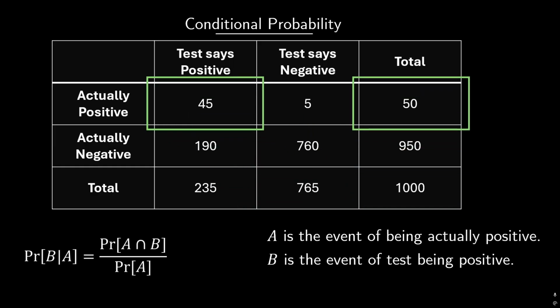Okay, but perhaps the more interesting quantity again is this one, right? So for example, if A is the event of actually being positive and B is the event of the test being positive, think of this as basically us asking, if we know someone's positive, what's the likelihood that the test is actually going to tell us that?